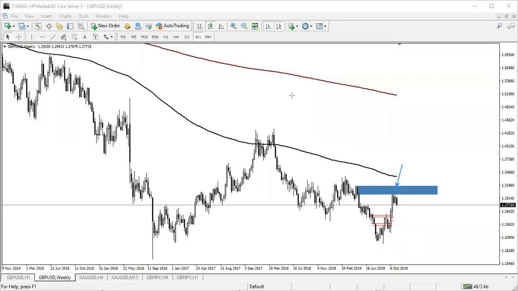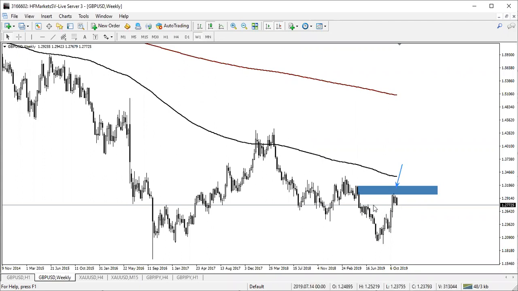So that is our supply zone. So let's take a look at our demand zone. Previous week closed super bearish.